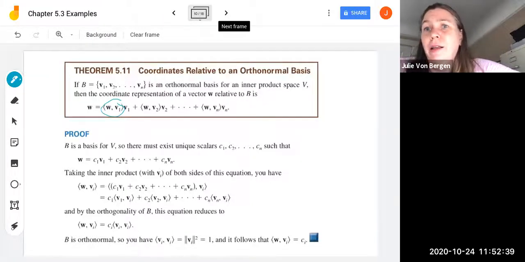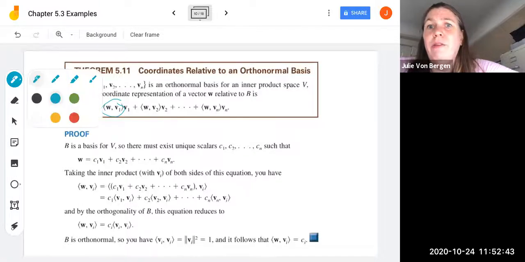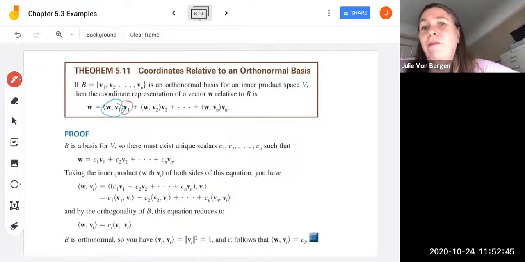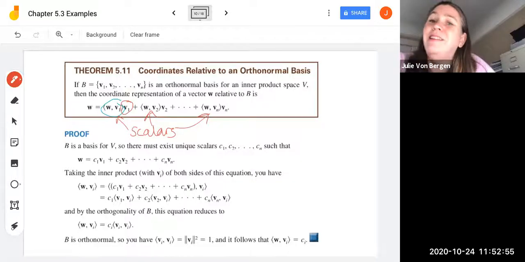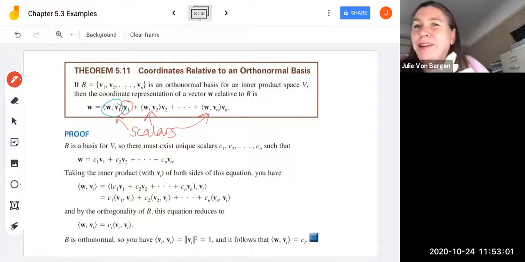So I've got W inner product with V1 here, and then that gets multiplied by V1. These are going to be like our scalars here, and we can call them, if we want, C1 through Cn. So it's the coordinate representation of any vector W, because remember, any vector W is going to be able to be constructed through this basis V1 through Vn.